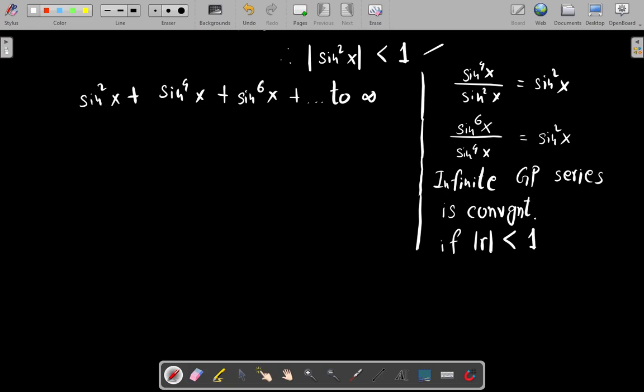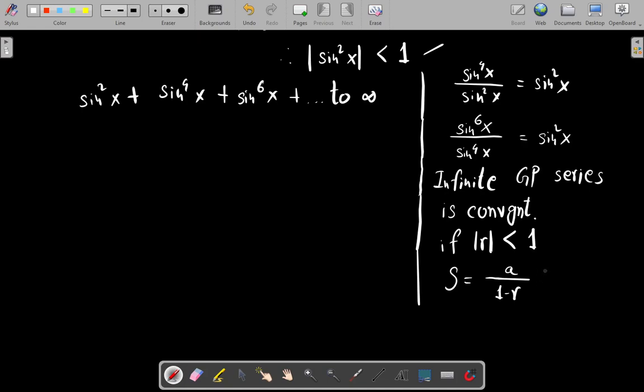For our case, this is an infinite GP series and it is convergent, so it will give a particular value. The formula for this summation is a upon 1 minus r, and this is most commonly asked in JEE exams and other exams. Usually they ask this type of convergent infinite GP series.